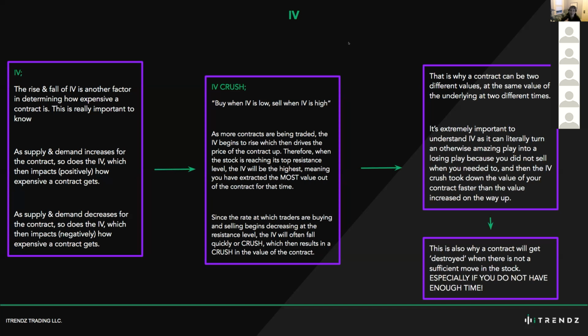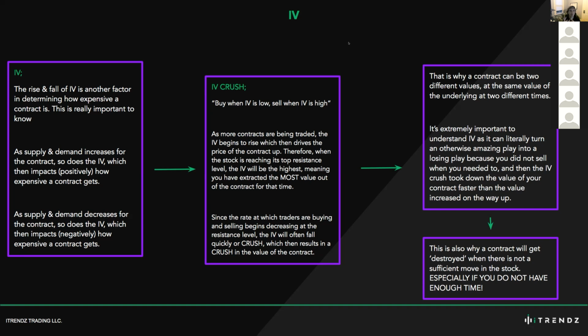The contract in that uptrend, in that move you captured, might have gone up, hypothetically speaking, 200%. And then the one candle of all the sellers that brought it back down, like a third of that entire move, brought the contract down to like 50% because the IV crushed the contract. You had all of the buying and selling stop in the contract, and then IV just crushed it.